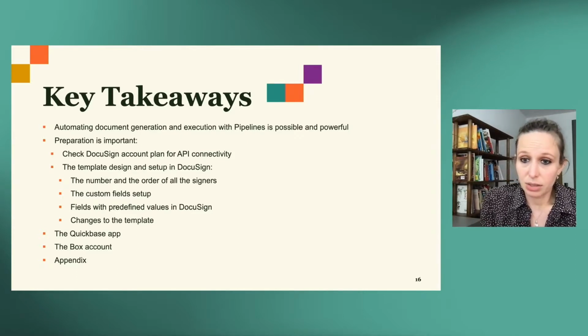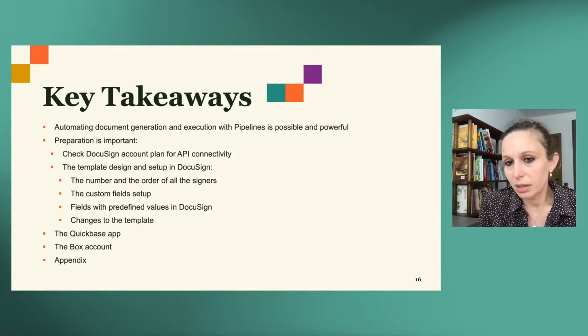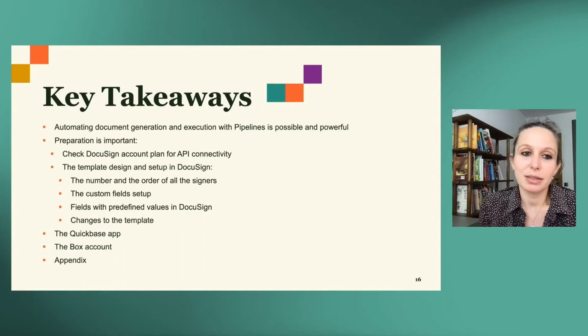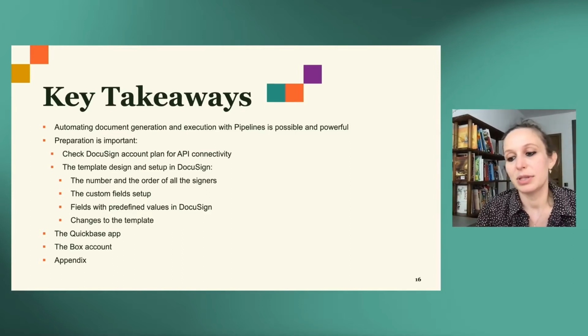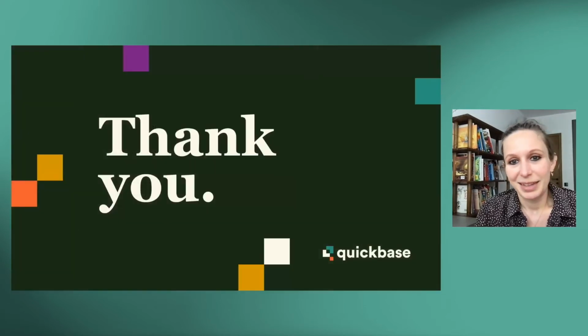If changes to the template are made while designing the pipeline, the schema and pipeline page should be refreshed so the new setup is reflected. You need a Quickbase app, you need a Box account, and in the appendix, you could see a bit more information and hints on how to work with DocuSign, plus a link to this example app that we're using in Quickbase.